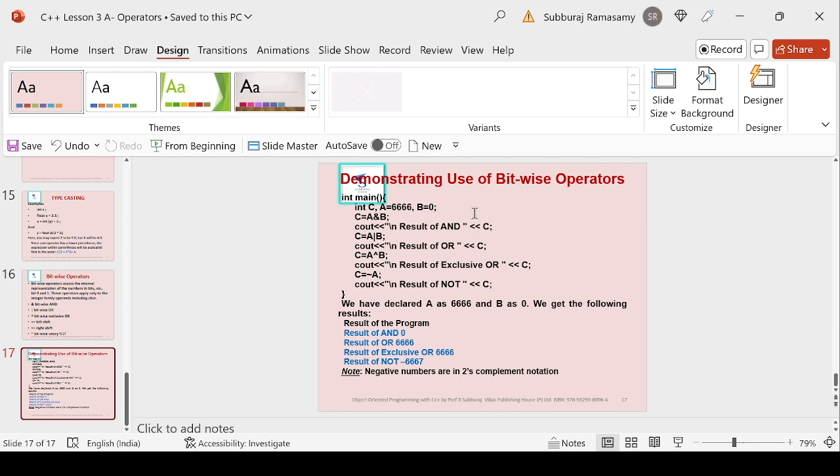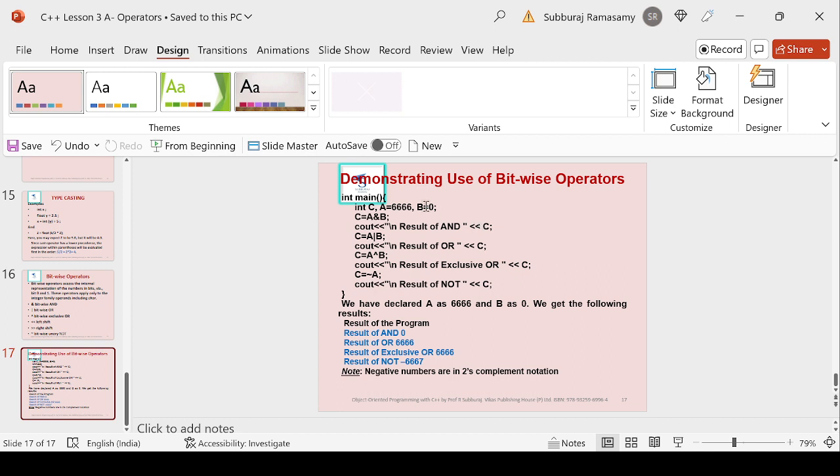And B is equal to 0, 12 characters of zeros. When you AND both, since B is always 0, all the 12 characters of the result will be 0. The result of AND will be 0.